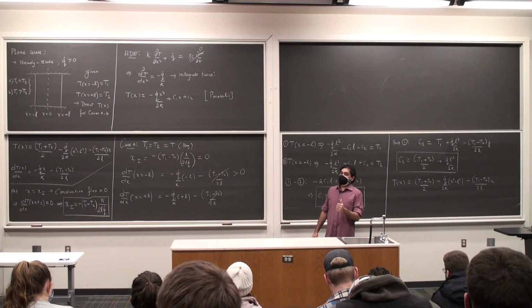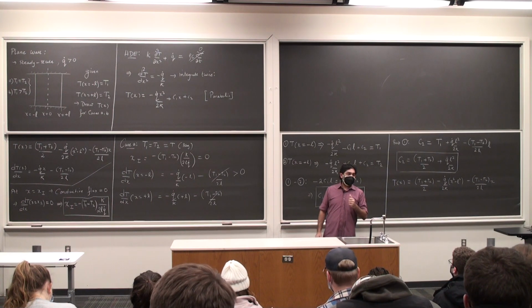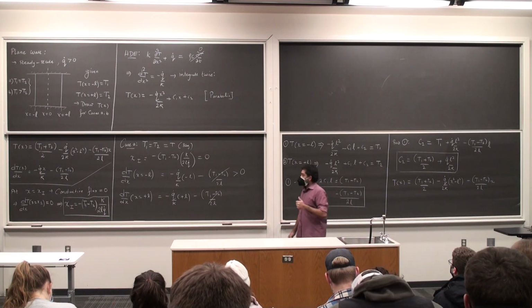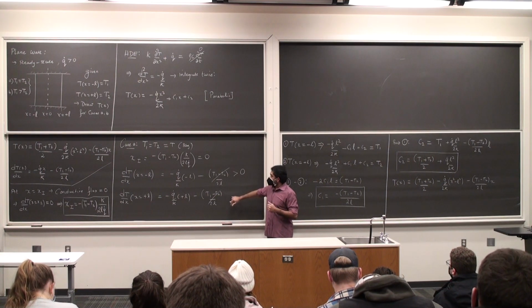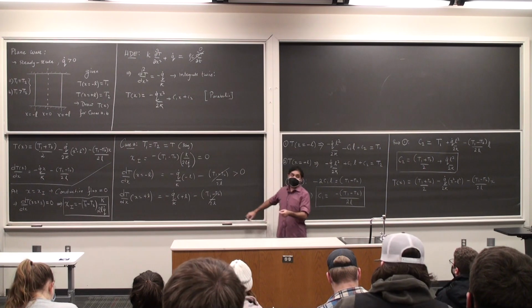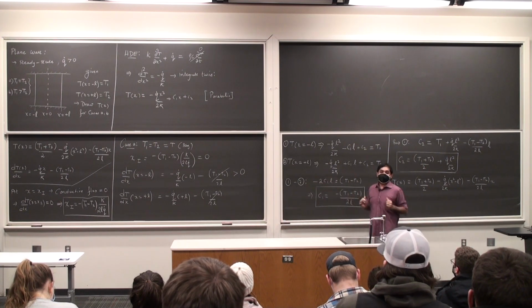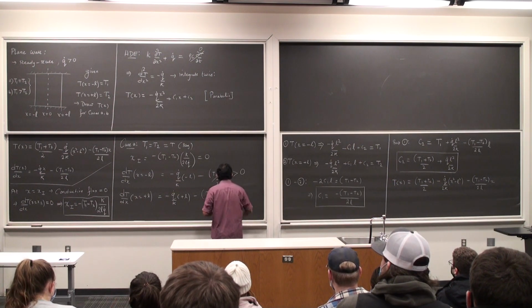If I had assumed the heat generation to be negative, the tables would have been turned, and this slope would now become negative, this slope would become positive, and I would have the temperature at x equal to 0 being the lowest of the two. So in this case, this is less than 0.